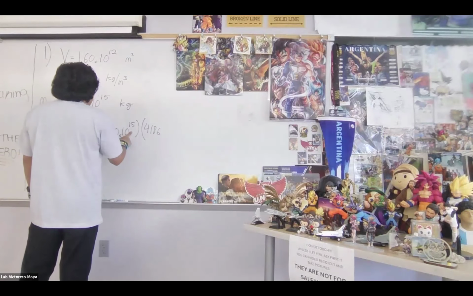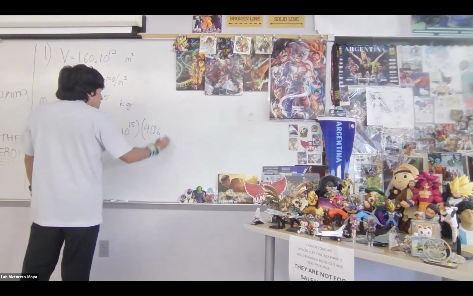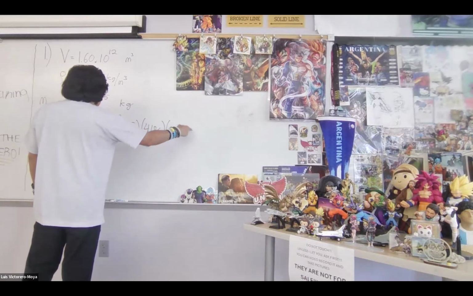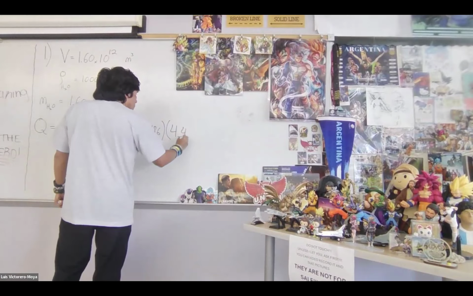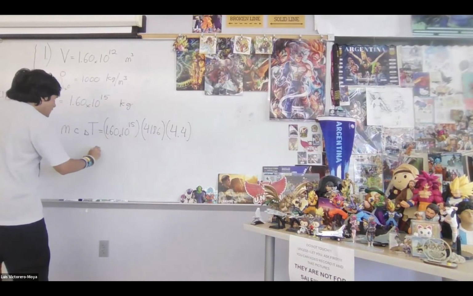Leave it like that because the mass is already in kilograms, so kilograms will cancel, and then Celsius will cancel with the change of temperature, which in your problem is 20.8 minus 16.4. That's 4.4 Celsius. So that's the energy in joules.